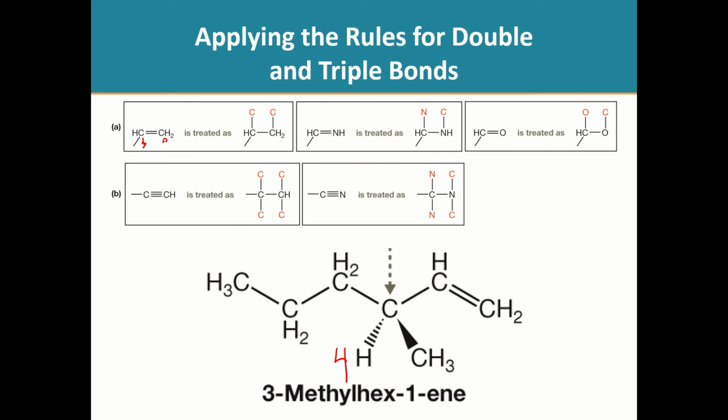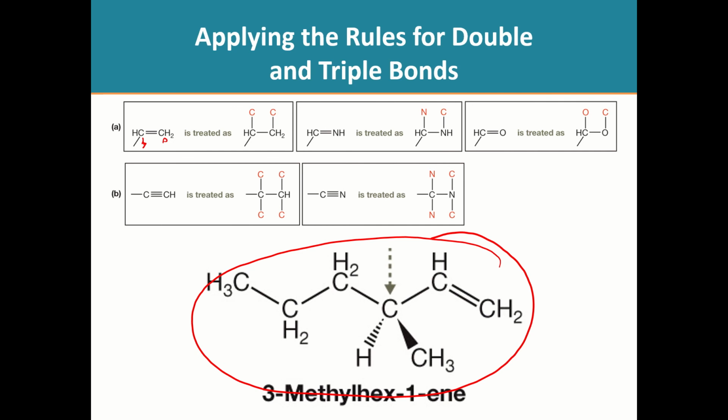And then you would add carbon to the nitrogen twice, shown there. So now you take this molecule right here and redraw it using these rules that I've shown you above.